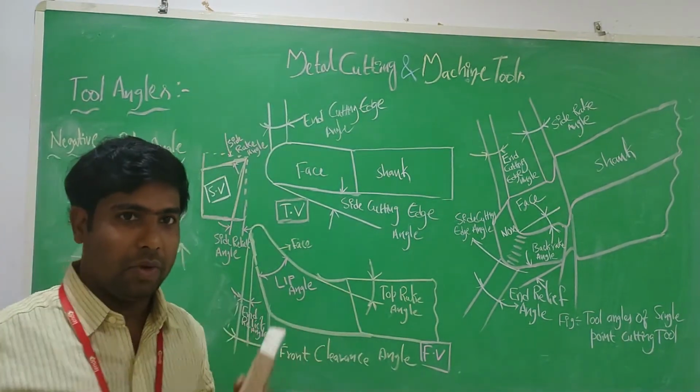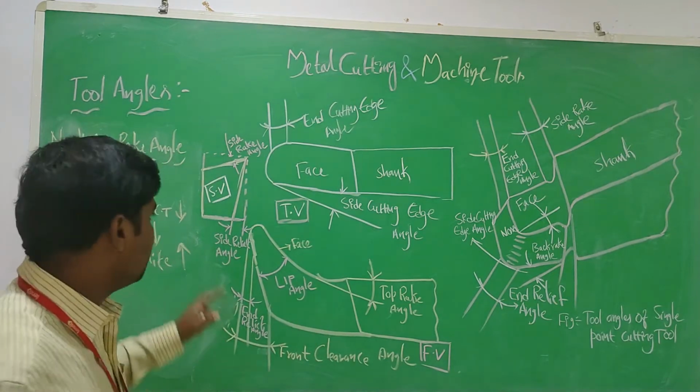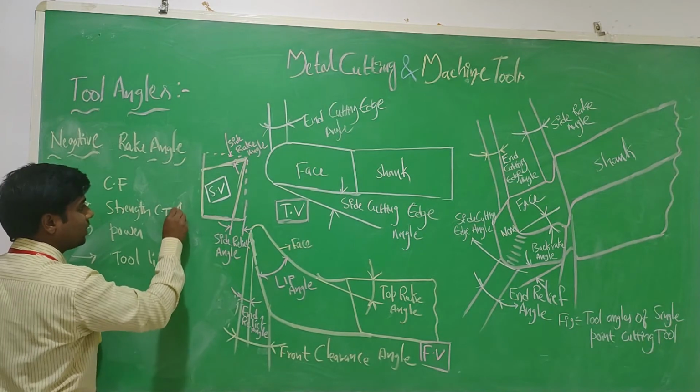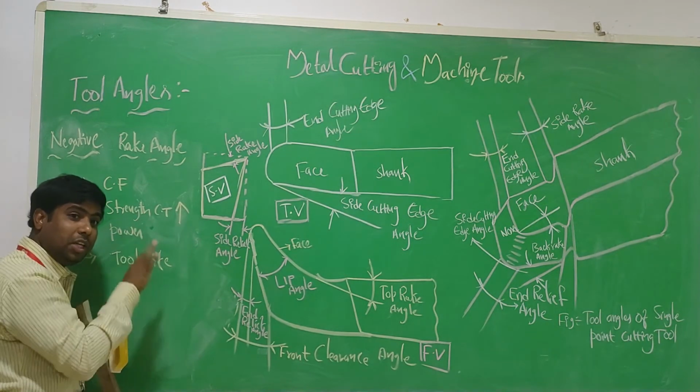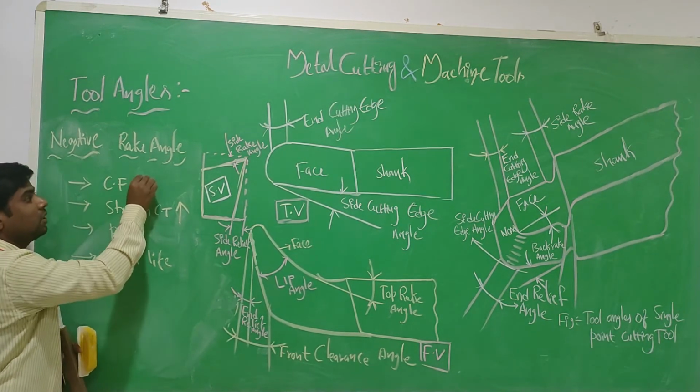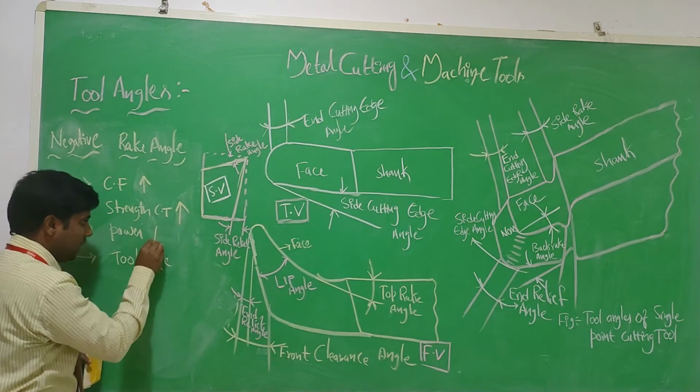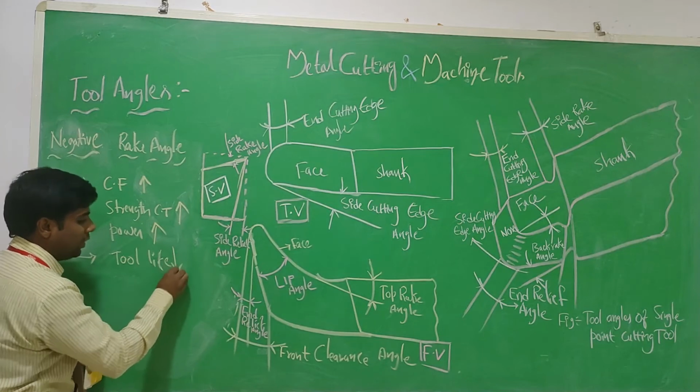So due to negative rake angle, what happens we will see. Due to negative rake angle, the strength of the cutting tool increases. So when the strength of the cutting tool increases, automatically cutting forces are also increased. Power consumption also increases. Tool life is reduced a little bit.